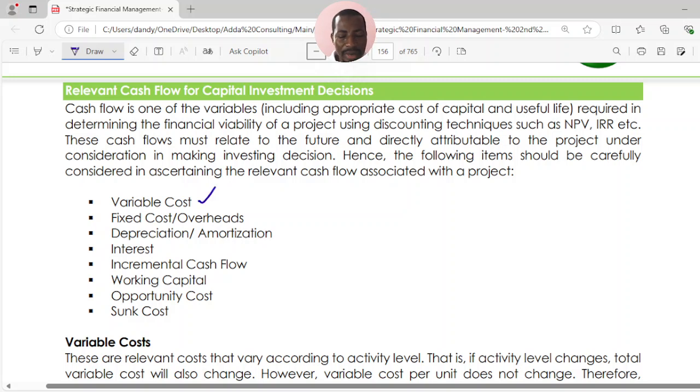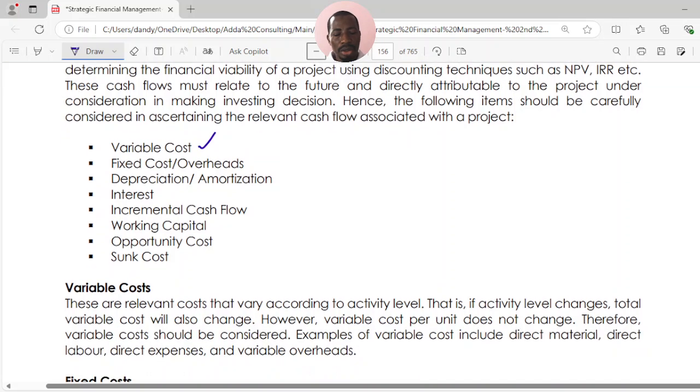What do you understand by variable cost? You all know that, like what you did in performance management, variable costs are costs that vary according to activity level. So the variable costs are relevant costs that vary according to activity level.